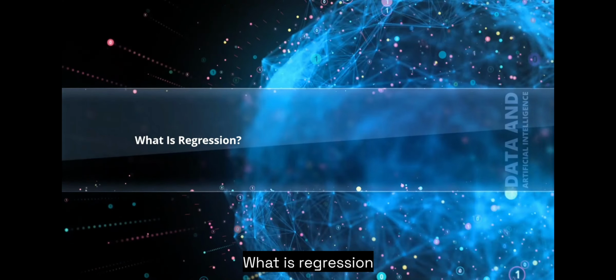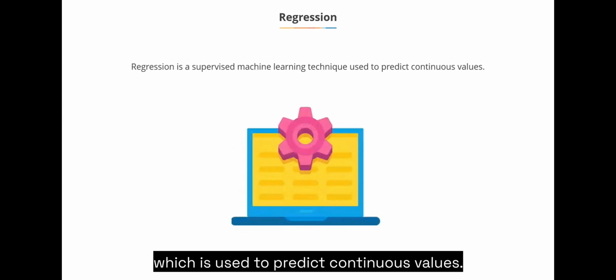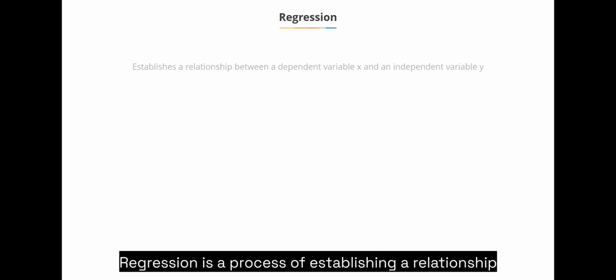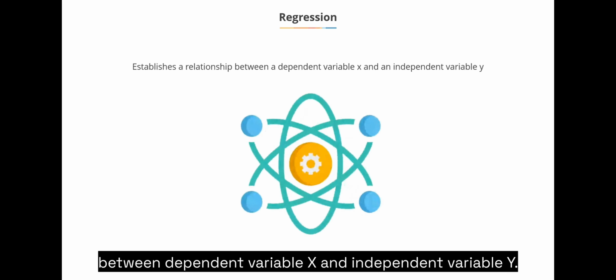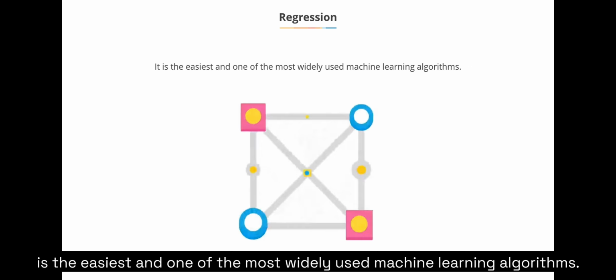What is regression? Regression is a supervised machine learning technique which is used to predict continuous values. Regression is a process of establishing a relationship between dependent variable x and independent variable y. It is the easiest and one of the most widely used machine learning algorithms.